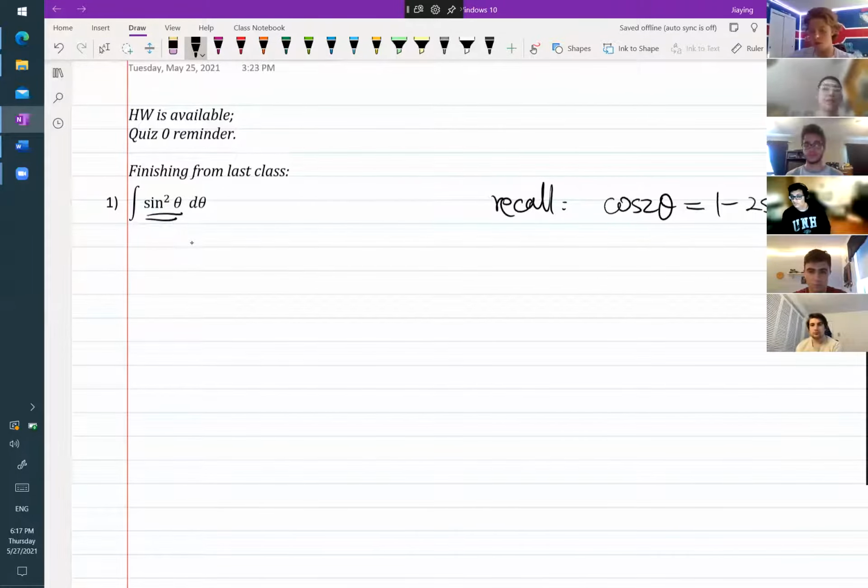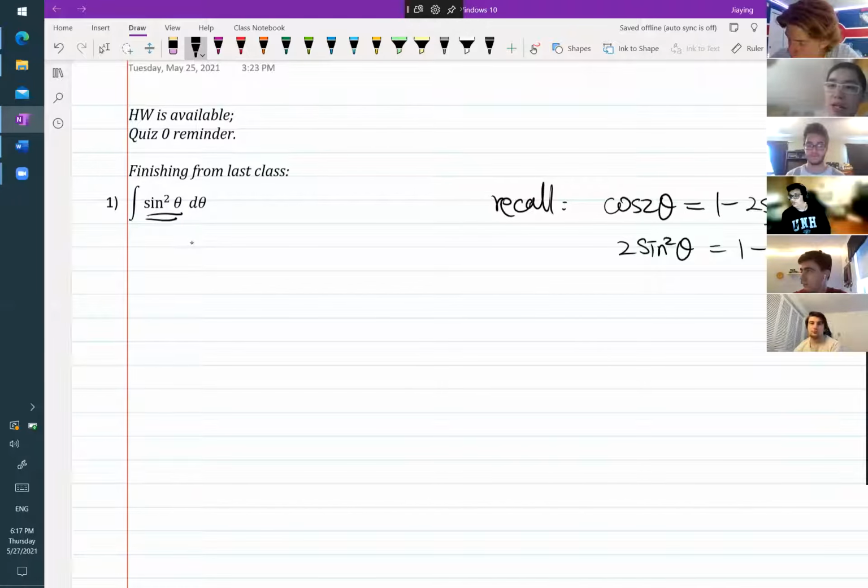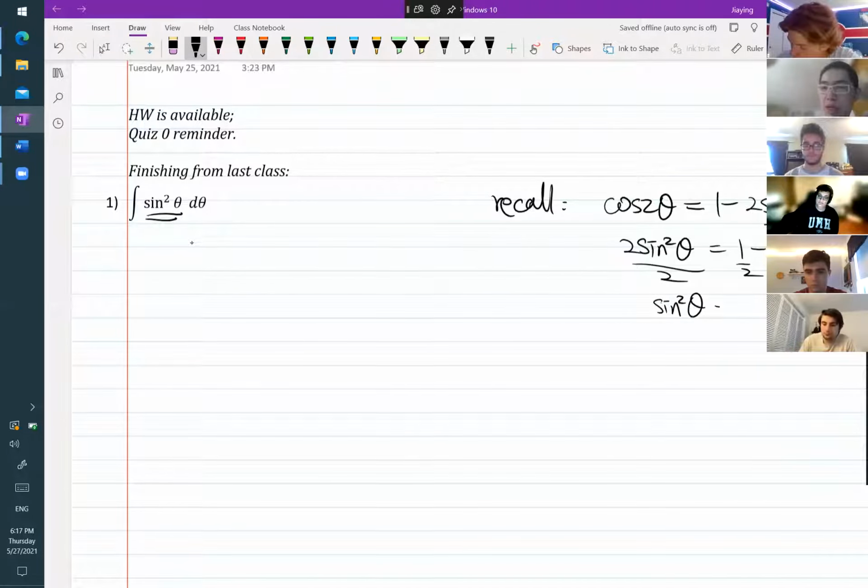So from here, we can solve for sine squared theta. 2 sine squared theta is equal to 1 minus cosine 2 theta, and then divide by 2. So we get sine squared theta is equal to 1/2 minus 1/2 cosine 2 theta.